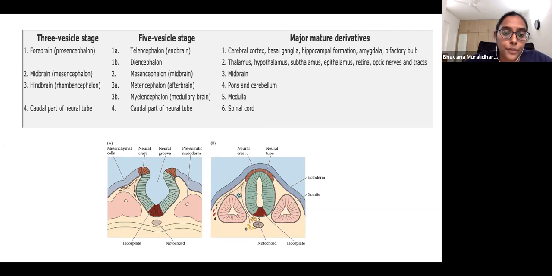This is then followed by the formation of the floor plate, which is another signaling center, particularly very important in the development of the spinal cord. The mesoderm also secretes a lot of signals, and I'll not be talking about them, but the mesoderm is also known to secrete signals which pattern this entire area.